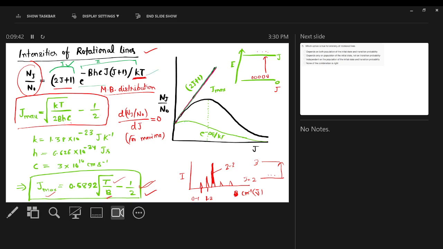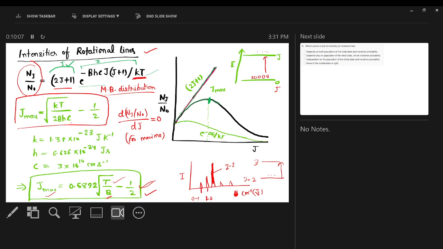So you'll have this kind of distribution. Till here the first term dominated, and after this point the second term dominated. We are interested in getting this point, this j. That will be our j max.